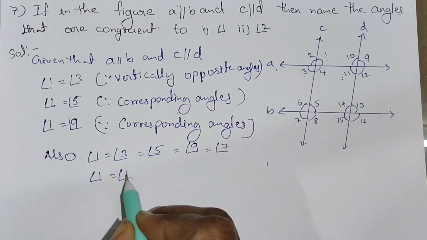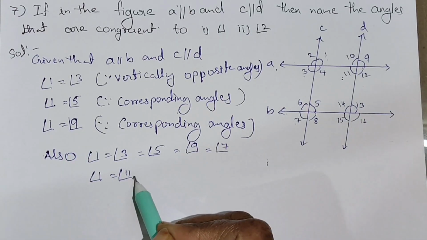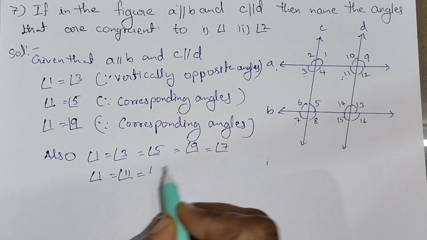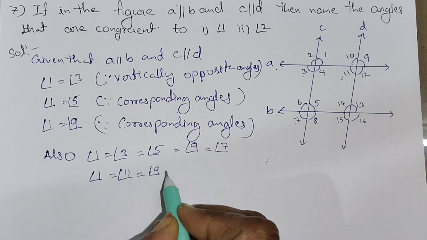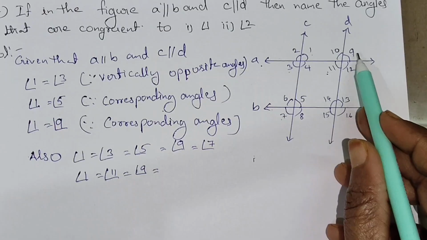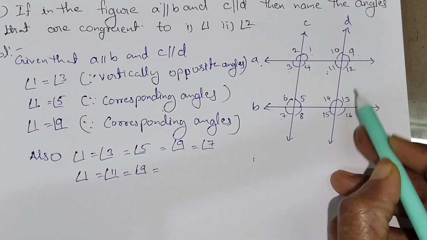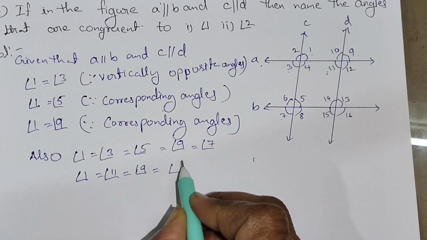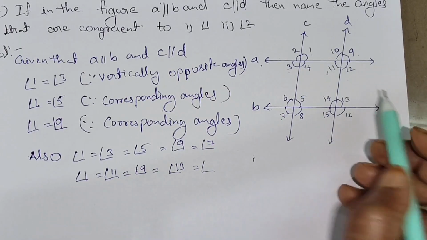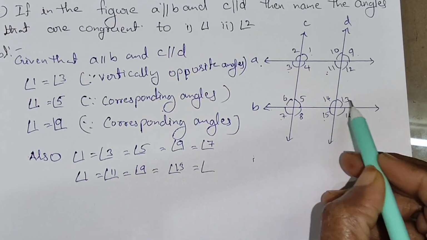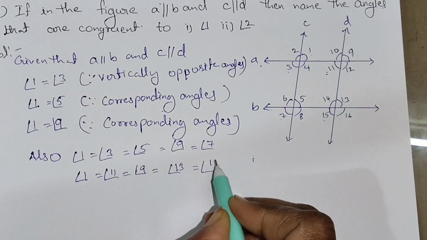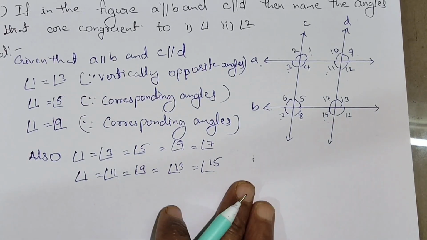Vertically opposite angles. Here 9 equal to 1. So here 11. Next angle 9 equal to 13. These two are the corresponding angles. Next angle 13 equal to 15. These two are the vertically opposite angles. So these are all equal.